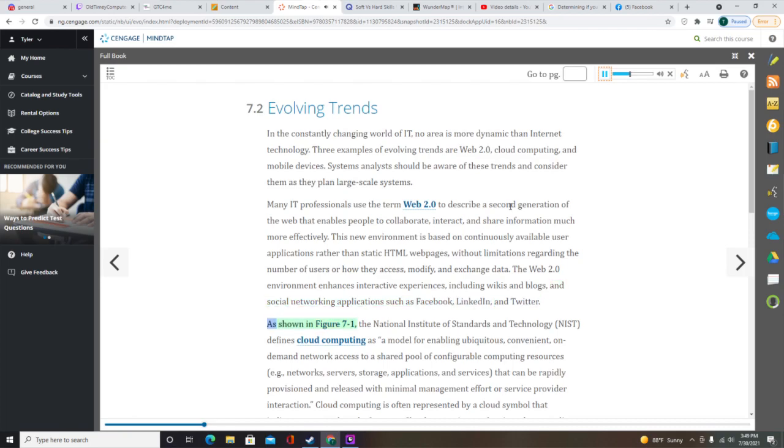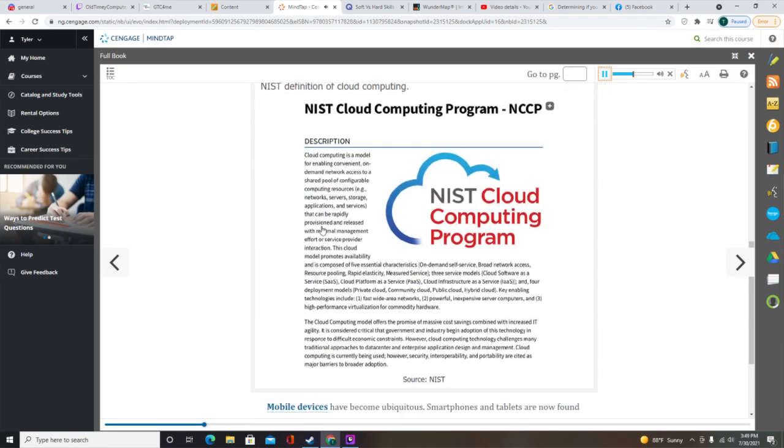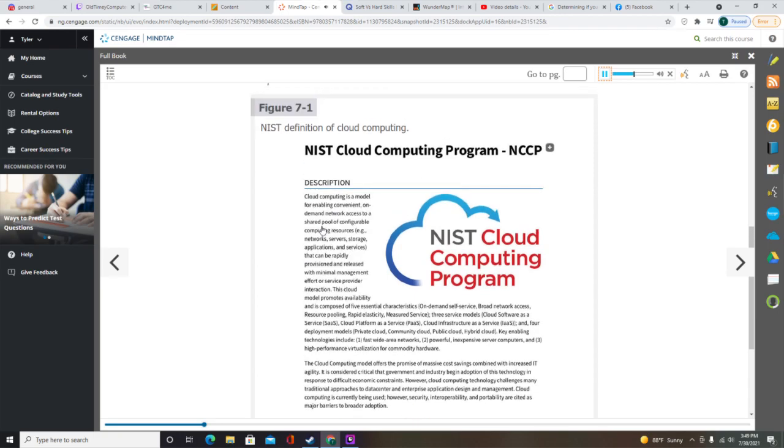Twitter. As shown in Figure 7-1, the National Institute of Standards and Technology, NIST, defines cloud computing as a model for enabling ubiquitous, convenient, on-demand network access to a shared pool of configurable computing resources, for example, networks, servers, storage, applications, and services that can be rapidly provisioned and released with minimal management effort or service provider interaction.